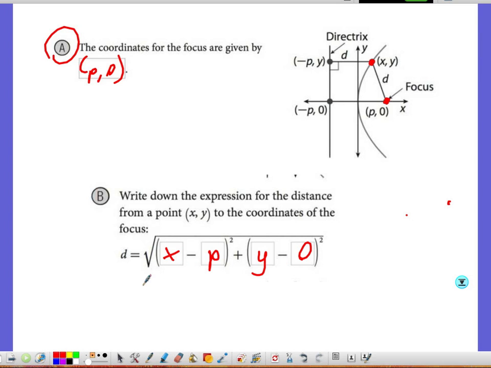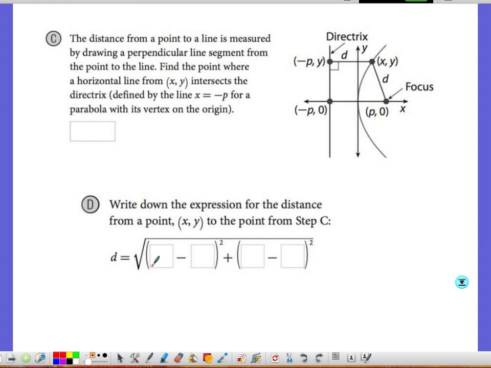Now we want to go ahead and simplify this. Let's see here. The distance from a point to a line is measured by drawing a perpendicular line segment from the point to the line.